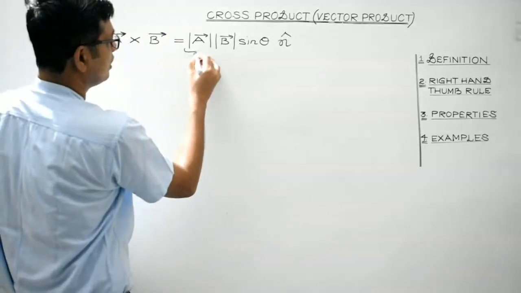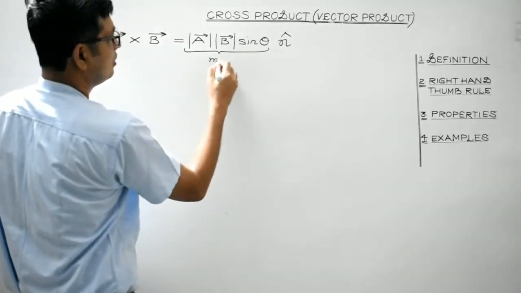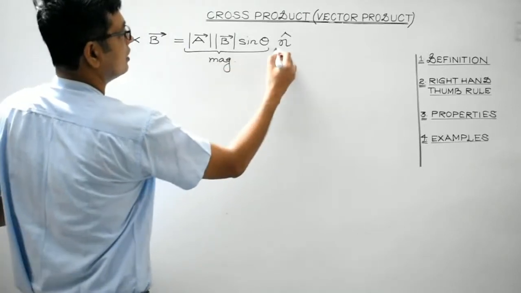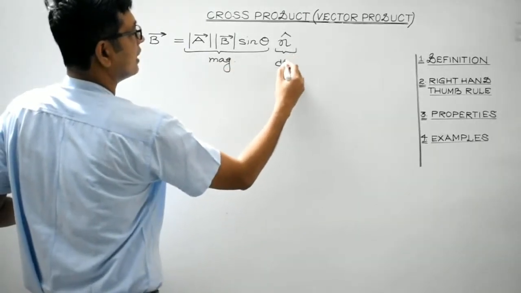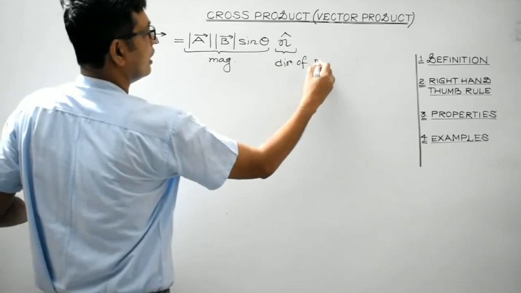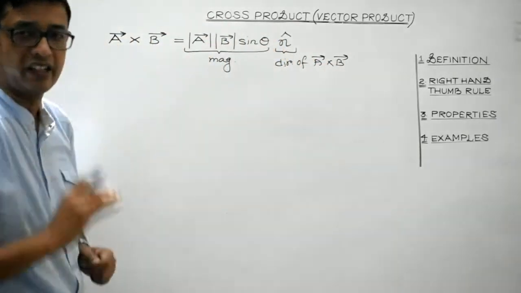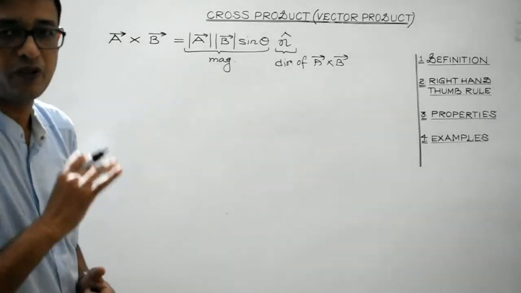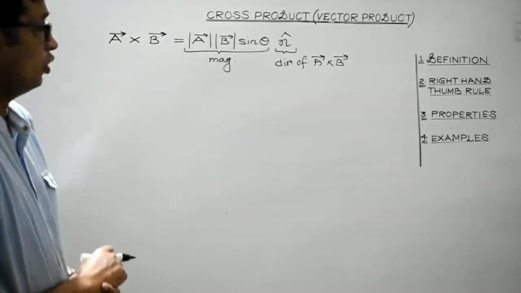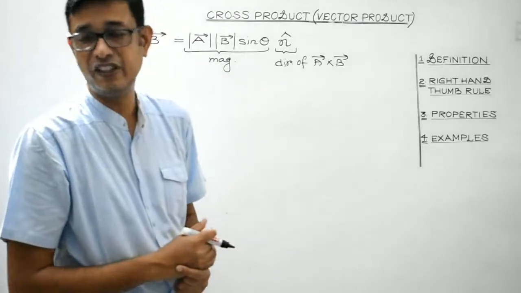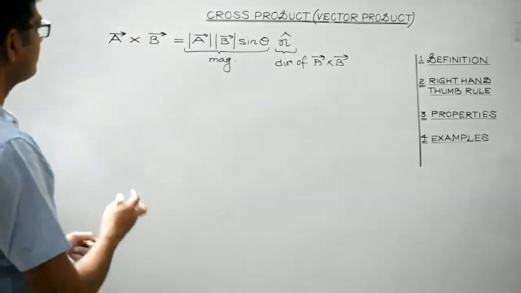So this part will give its magnitude, and this represents the direction of A vector cross B vector. We will discuss its direction in detail. Which rule is to be applied, that we will discuss. So, let's again discuss the definition of the cross product.